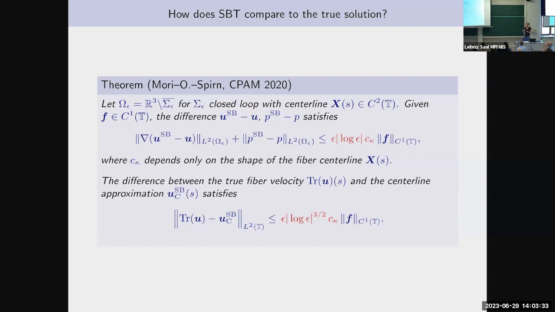All right. And then if you go to the velocity of the filament itself, then you can also obtain an error estimate. And we see that extra root log epsilon dependence appearing in there from the trace inequality. Right. But again, we still get that the difference between this PDE solution and the slender body approximation goes to 0 as epsilon goes to 0.